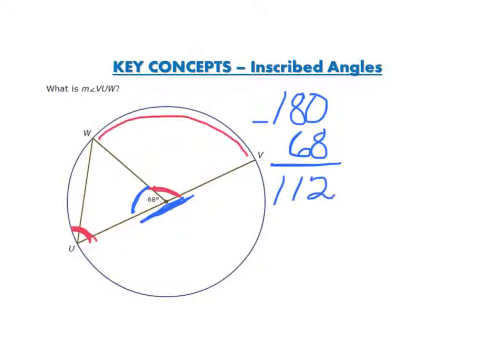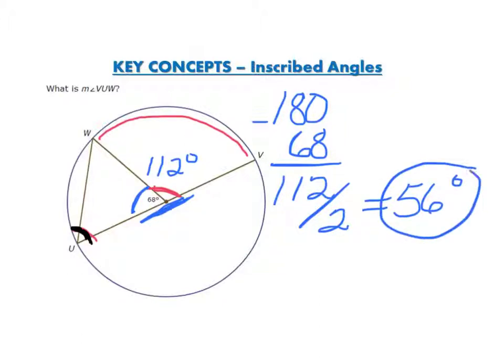So the measure of the central angle is 112 degrees. To find the measure of angle U, I have to divide that in half. So I take 112, divide it in half, and I get 56 degrees. So the measure of angle VUW is 56 degrees.